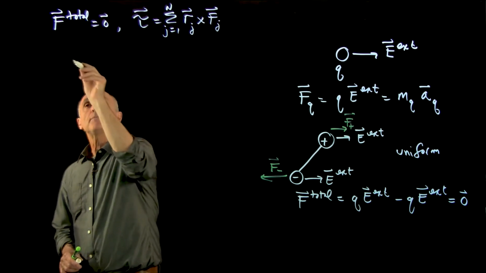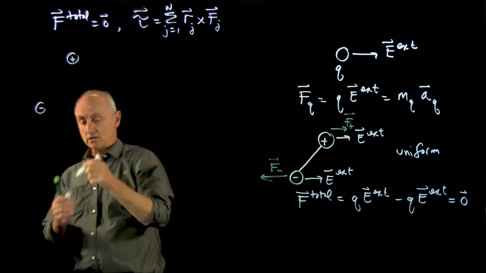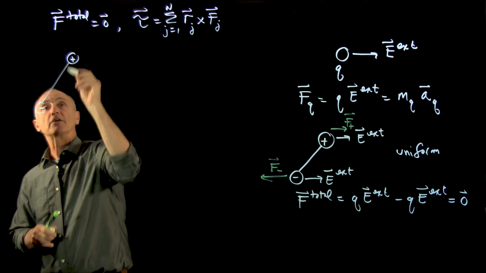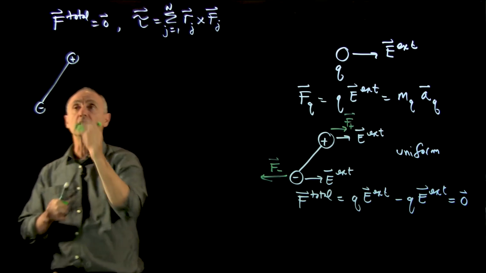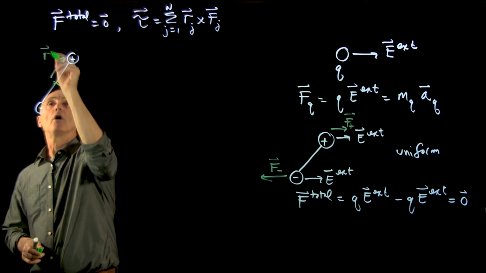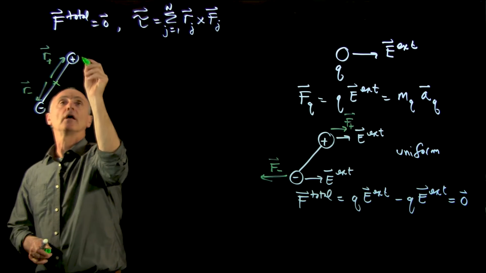So how can we depict that? Well, let's draw our objects again, plus and minus. And just to start with, this is a massless rod. And now you can see why we want a massless rod, because this object will rotate. And let's consider the center of mass. And we'll draw r plus, and we'll draw r minus.